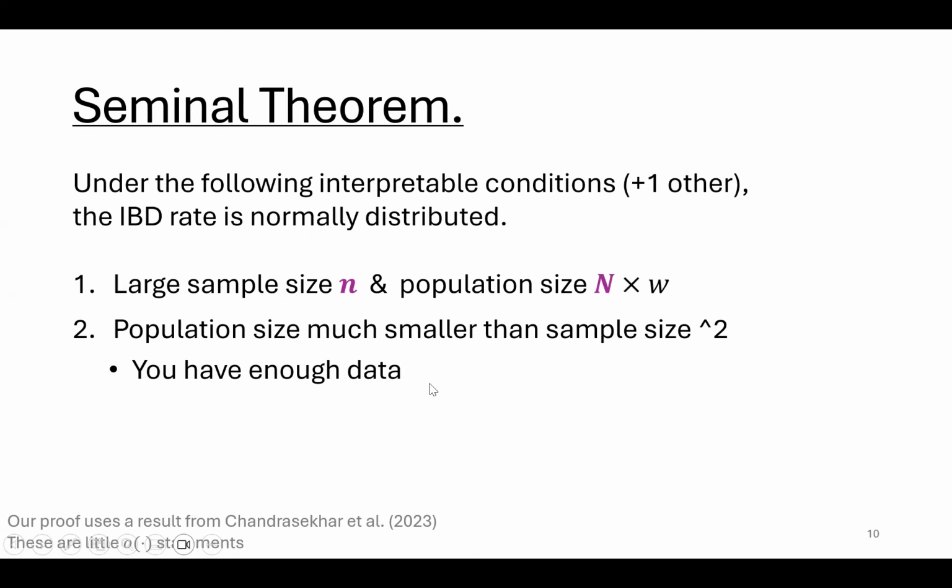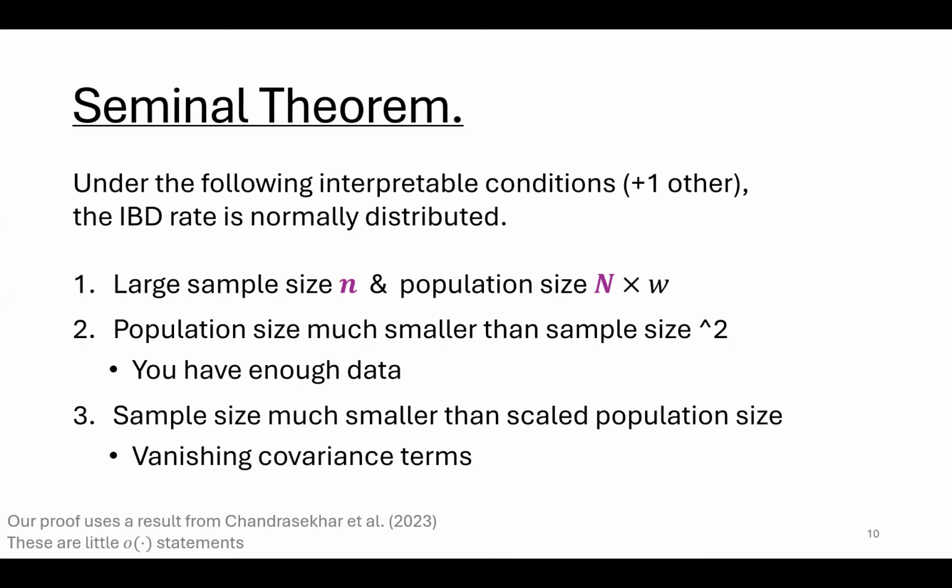And what this is saying is that we need to have enough data. We need to observe at least enough ones to establish a central limit theorem. If, say, the population size is quite large, we might have a very rare probability of observing an IBD segment.